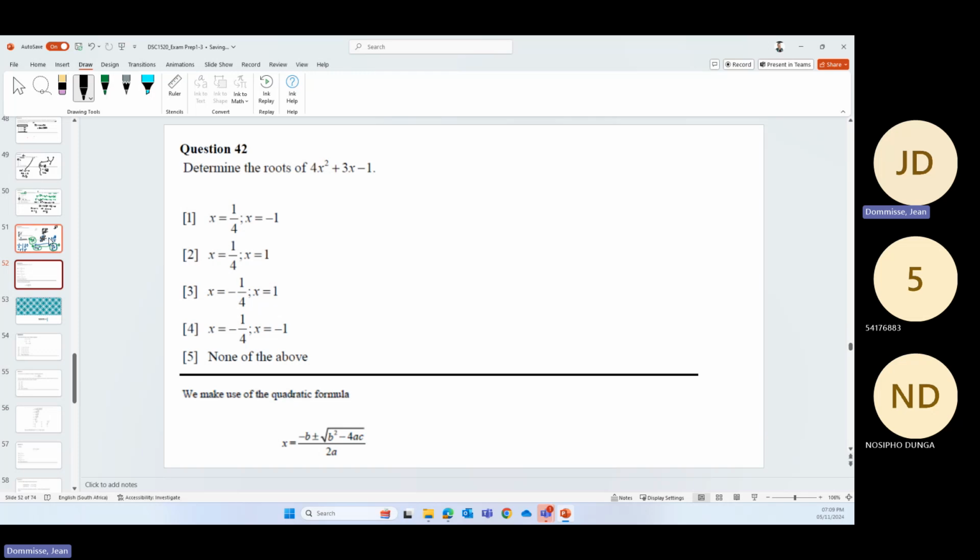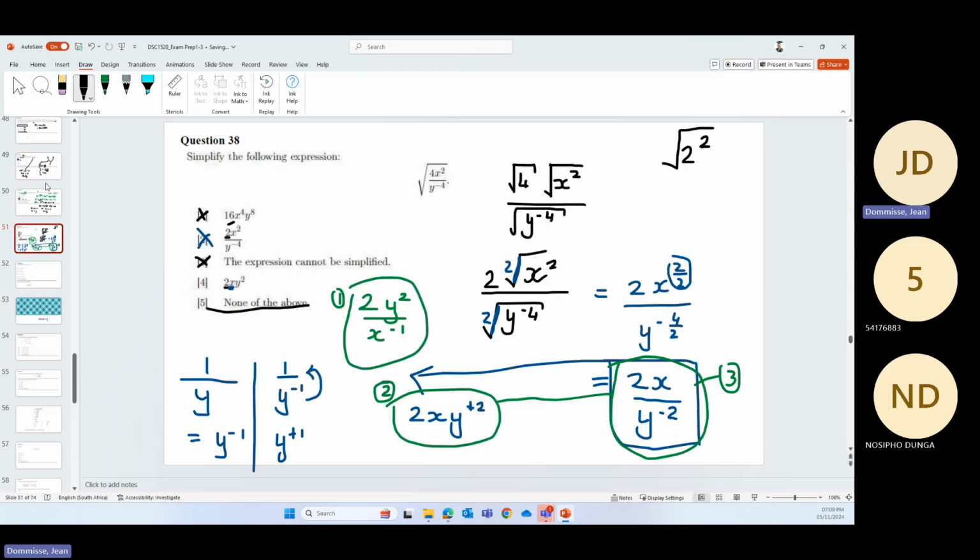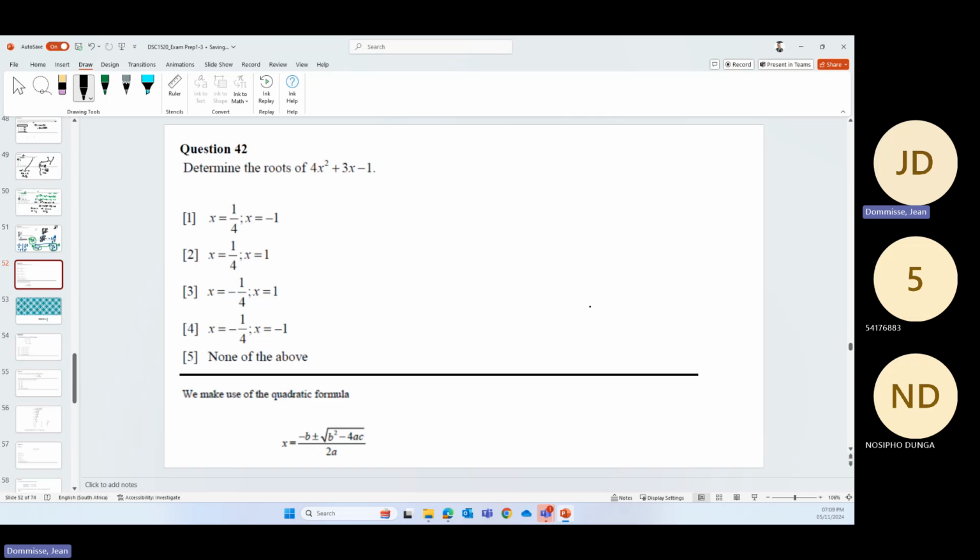Here is a bit of a different question. In the previous questions, they asked us to work out the minimum or maximum value. Here we get a formula and we will need to work out the roots. So basically what that is doing is to say we've got this graph and we need to work out what is that x and what is that x.